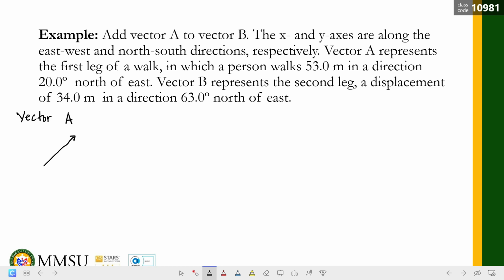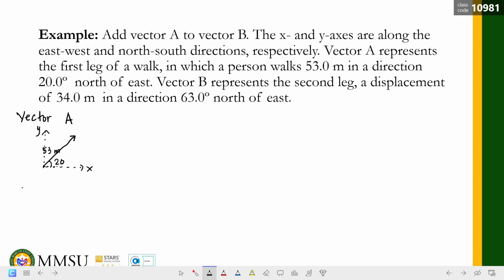Ganyan siya. Tapos, ang kanyang angle ay 20 degrees north of E. Tapos, ang kanyang magnitude ay 53.0 meters. So, kailangan nating ikunin yung component ng vector A along the X and along the Y. Diba? Parang kukuha tayo ngayon ng X-axis natin and the Y-axis.